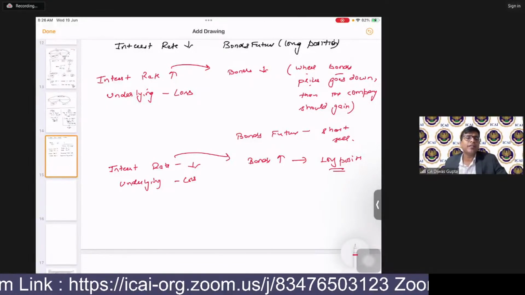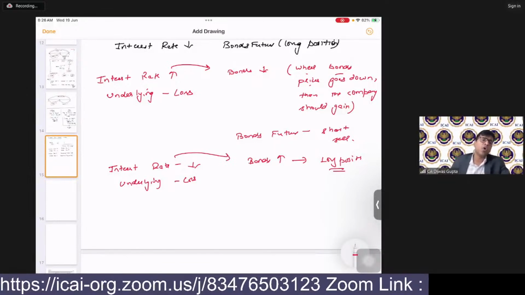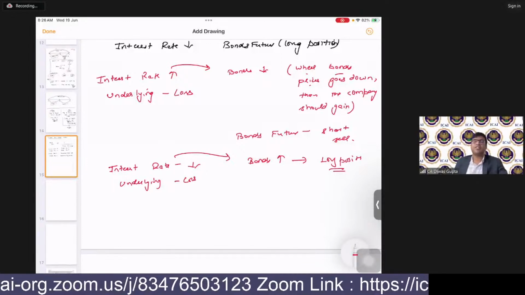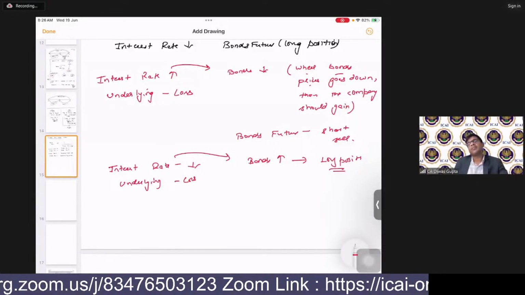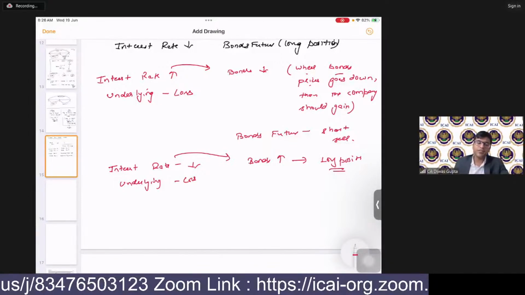Who can do these transactions? Abrikesh is asking. Abrikesh, anyone can do these transactions because bond futures you can sell or purchase in the open market, right? That is why it is interest rate futures.